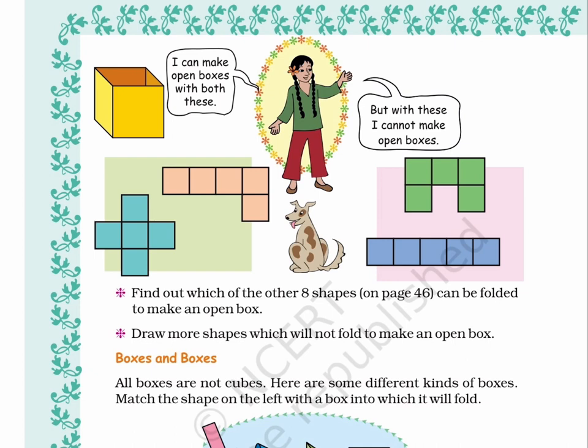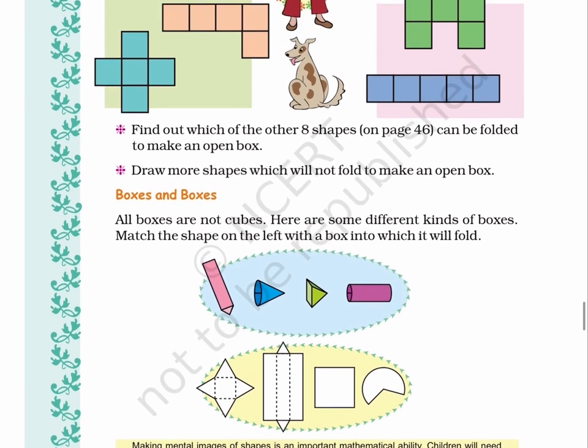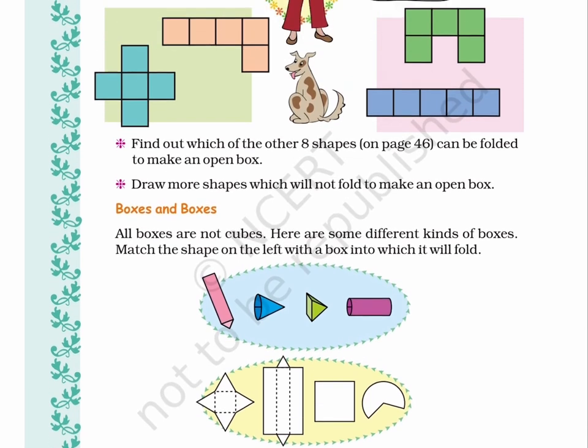She's pointing to 2 different groups of shapes, which can be folded and made into an open box. Question. Find out which of the other 8 shapes on page 46 can be folded to make an open box. Draw more shapes which will not fold to make an open box.